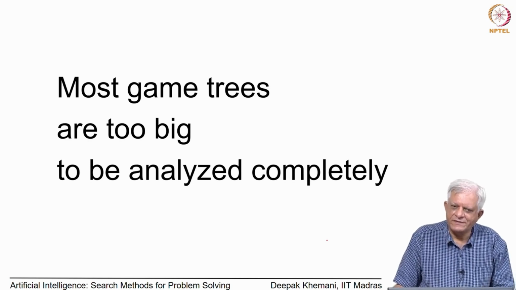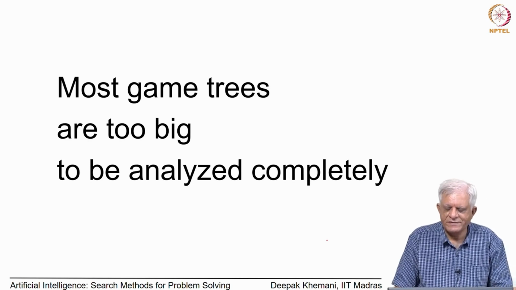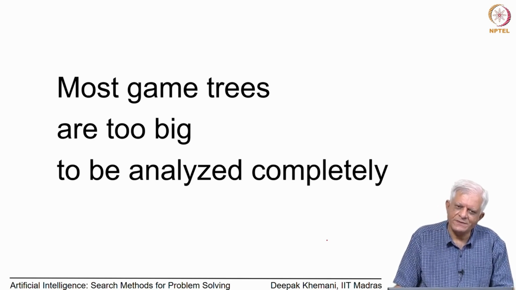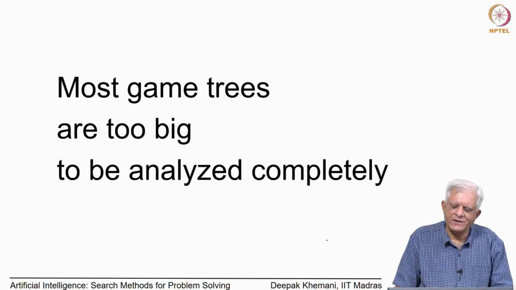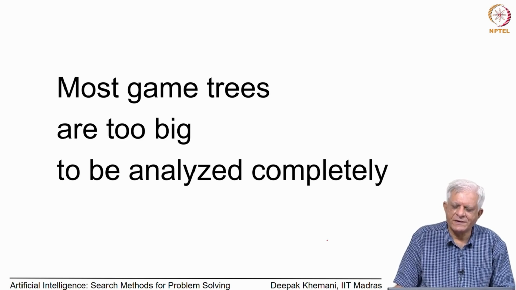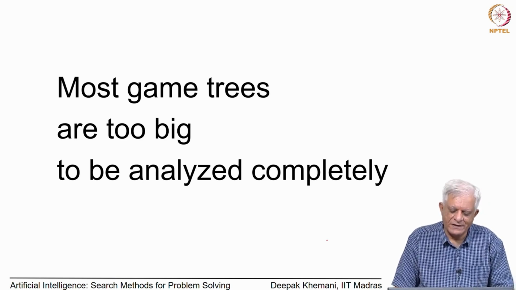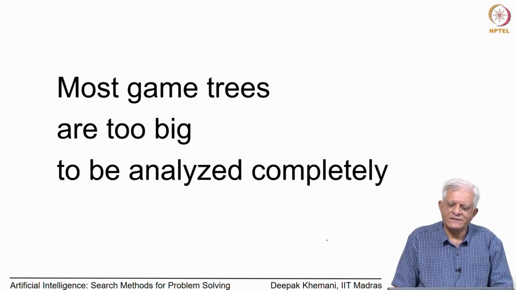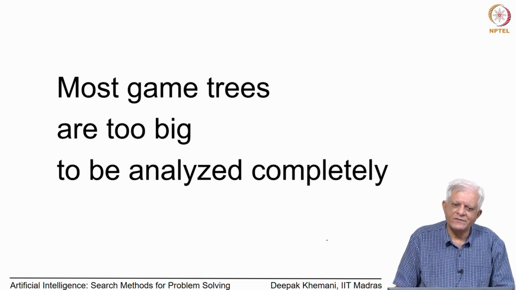So, now we will start focusing on how to write programs to play these games, and as we will see, these programs will rely on a limited look ahead, that you do not look ahead till the end of the game, but only a few moves ahead. And when you do that, you apply what we will call an evaluation function, which is going to be a static function, which will look at a board position and give it a value essentially.